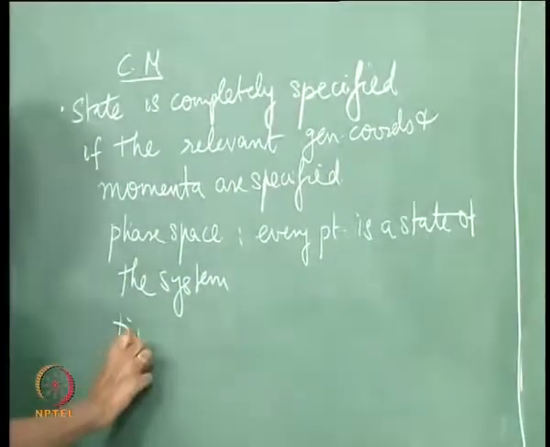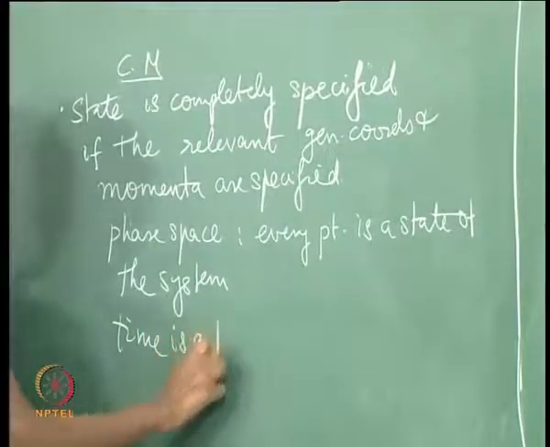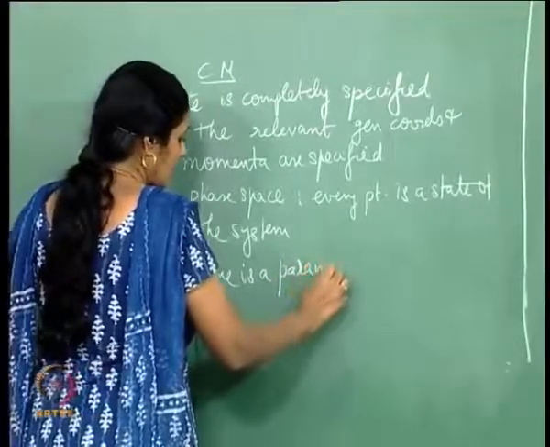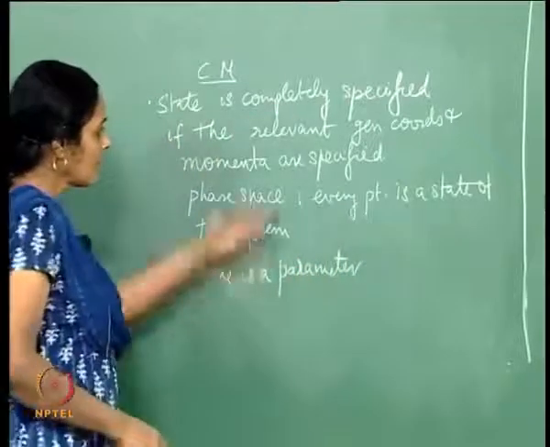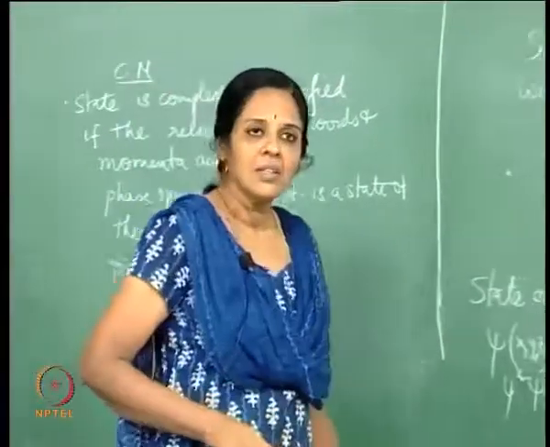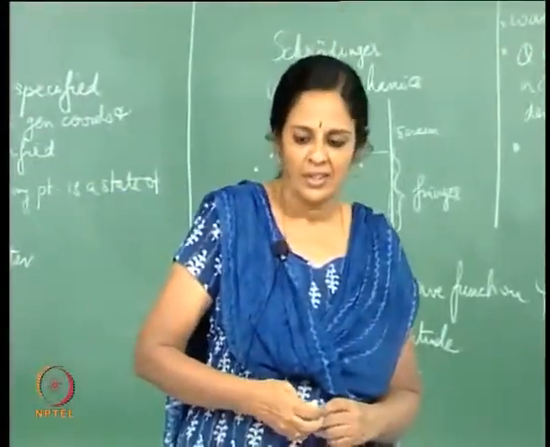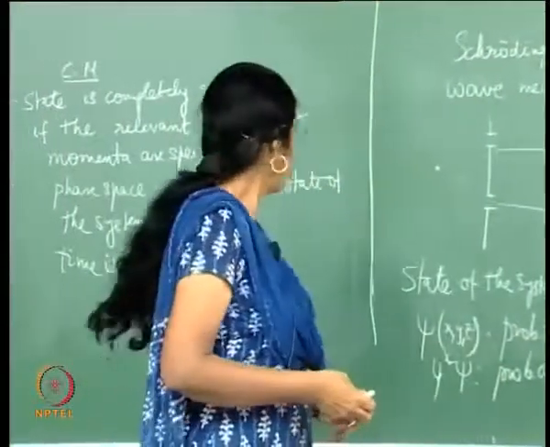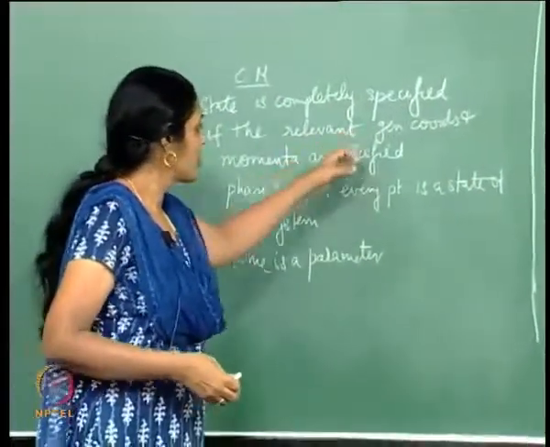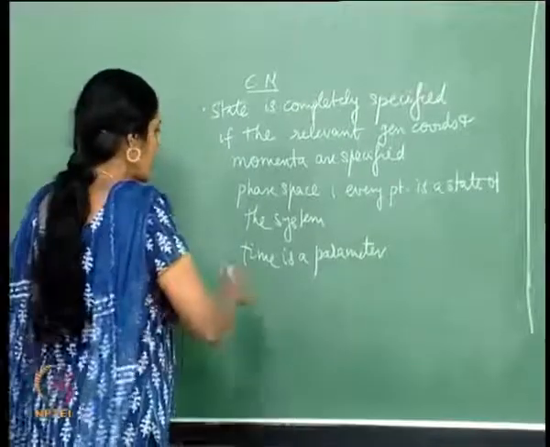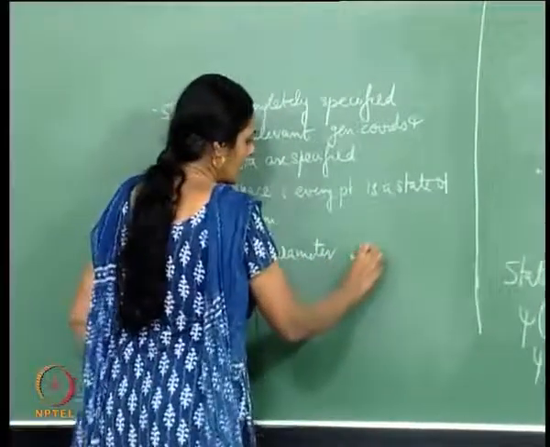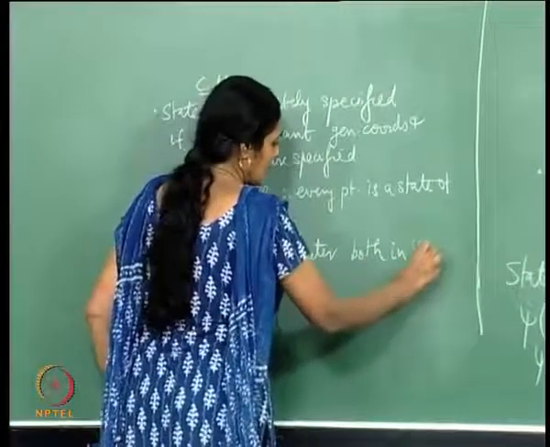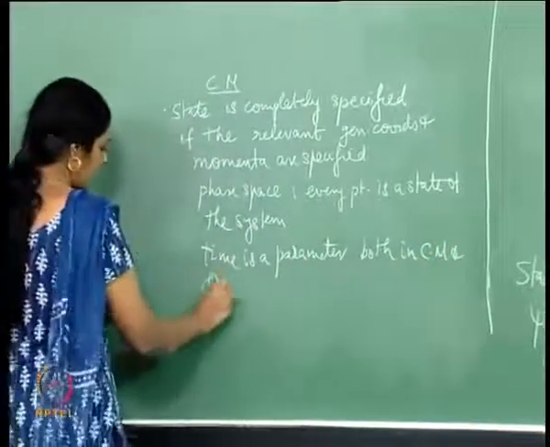Time is a parameter. And these coordinates and momenta evolve in time. These become the observables in quantum physics. Time is a parameter both in classical and quantum physics.